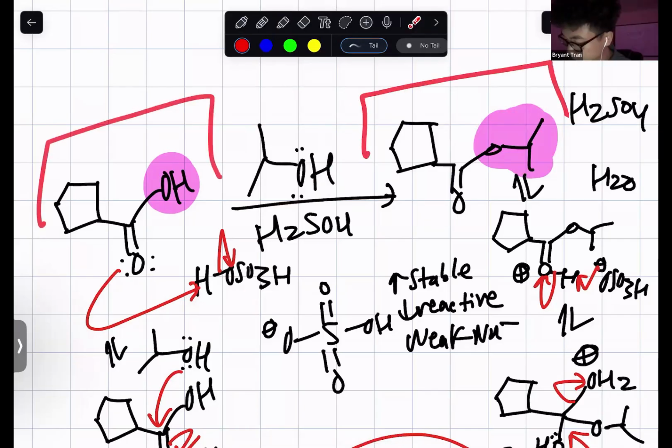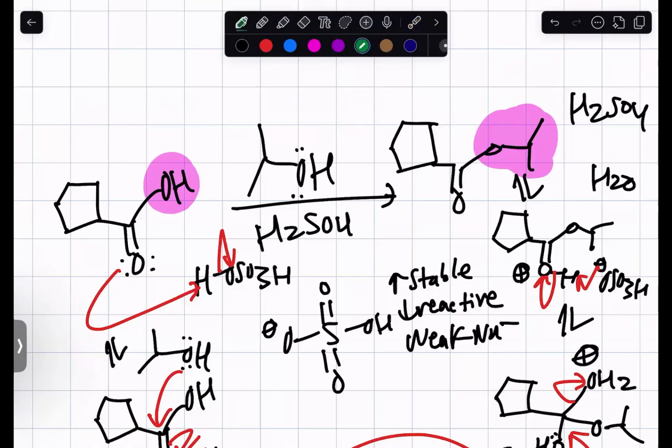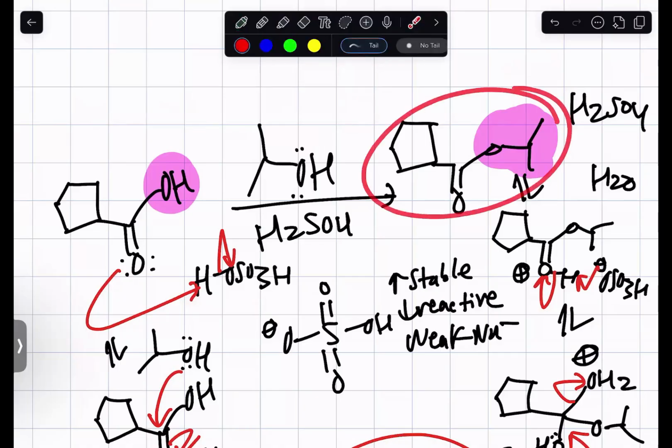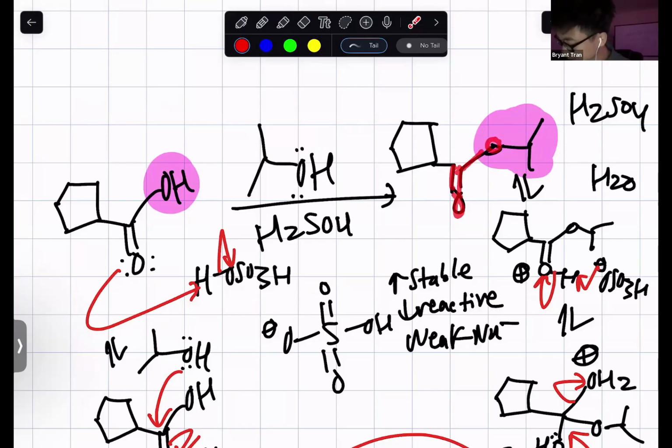What is this functional group right here? A carbonyl with an OR group. Oh, okay, I see it.